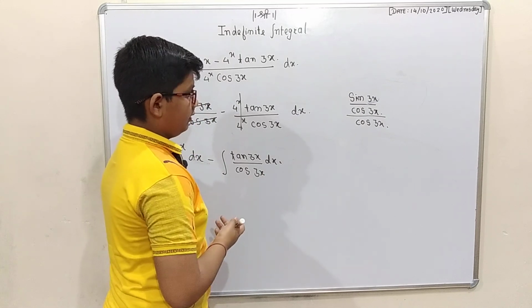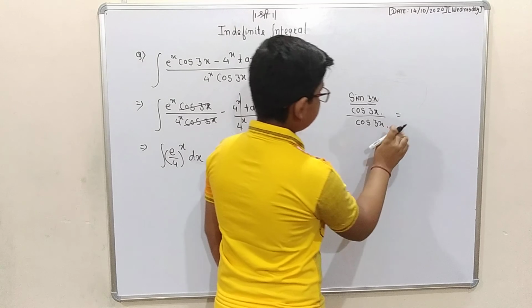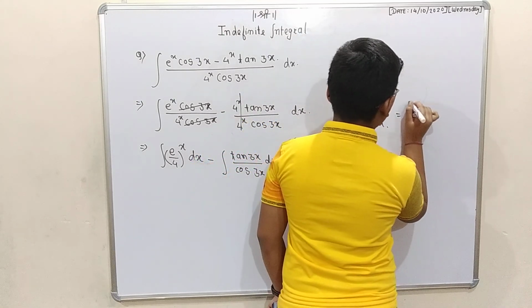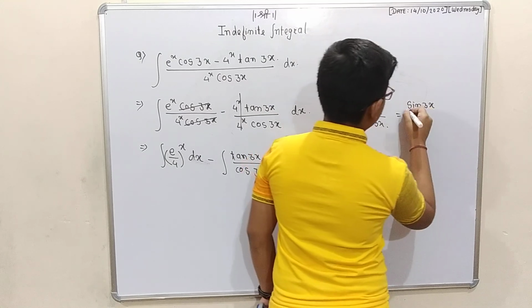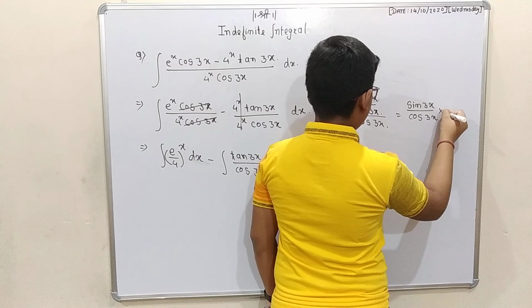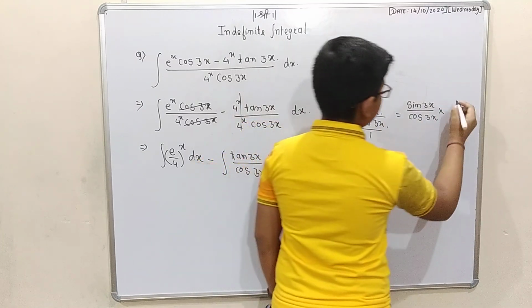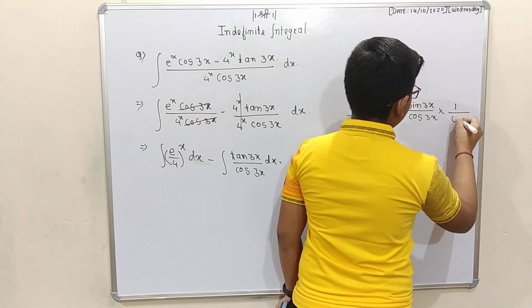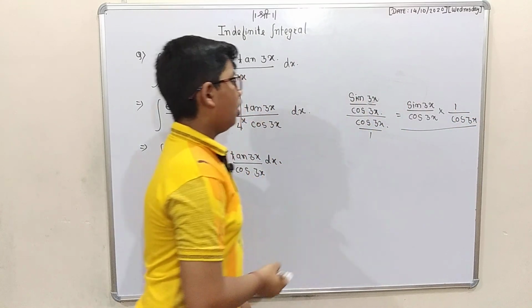That's the first way that we can write. Now taking the reciprocal of cos 3x, it will be sin 3x divided by cos 3x multiplied by 1 by cos 3x, so it will not work.